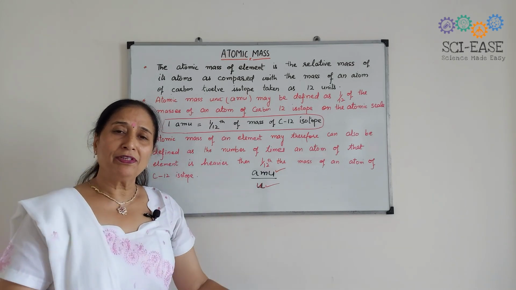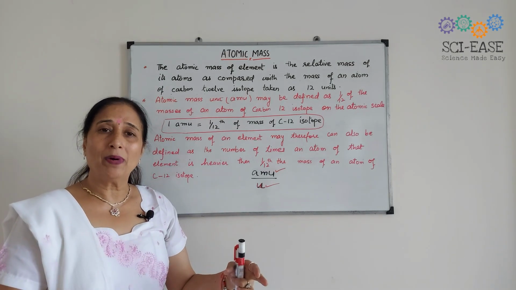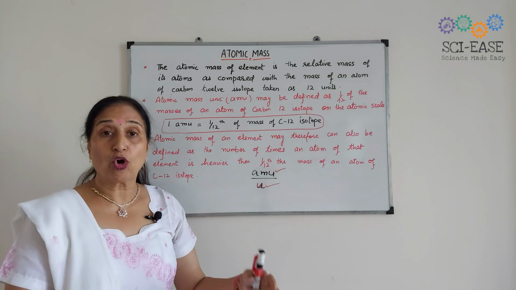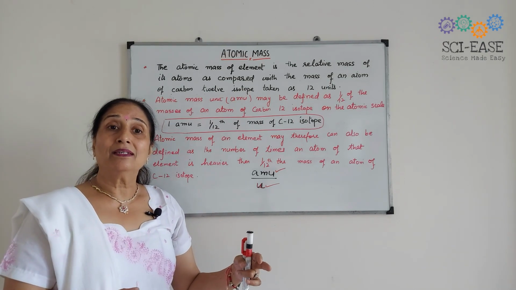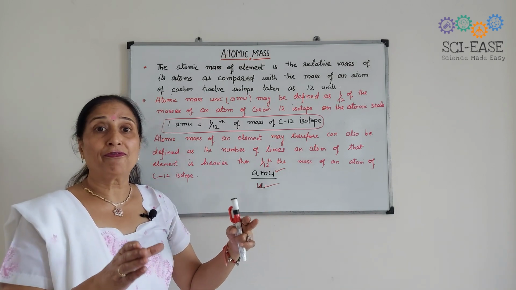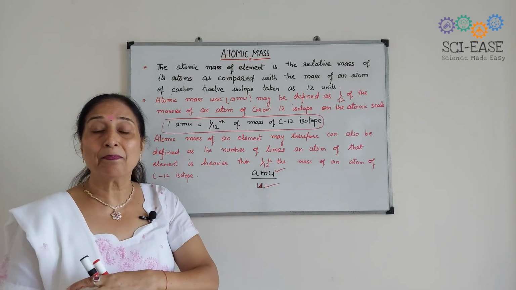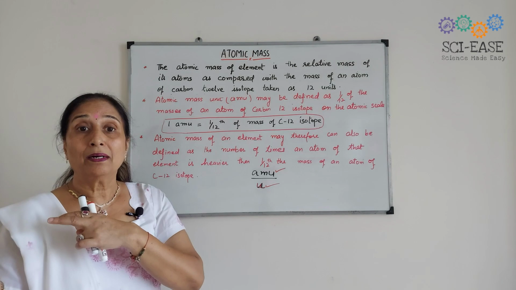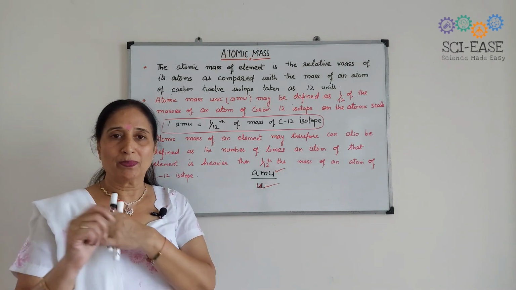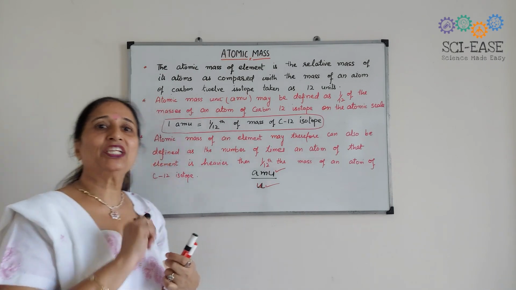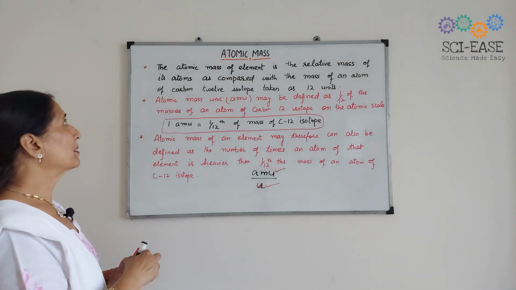Now, we have discussed so much about atomic mass, and we have concluded that the mass of an atom of the element is compared with the mass of the carbon 12 isotope. So what is the proper definition of atomic mass?